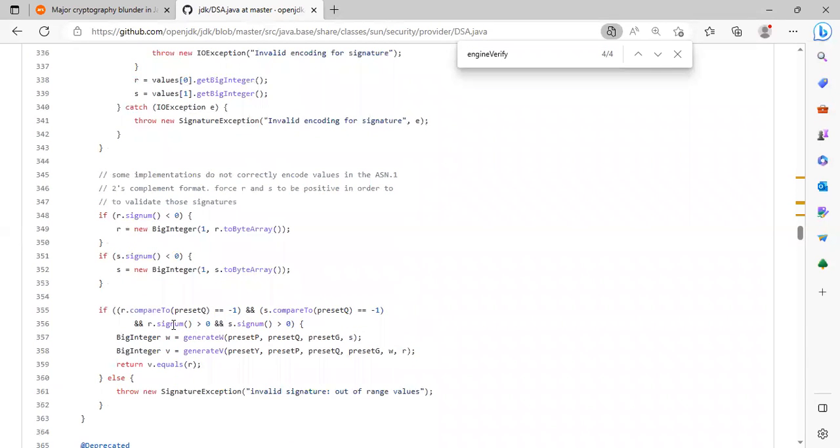So for now, assume what happens if one of these checks is not present. Let's say I remove this, or the implementation forgot to check this correctly. I'll show you that any signature, zero as a signature, will be accepted by the implementation.